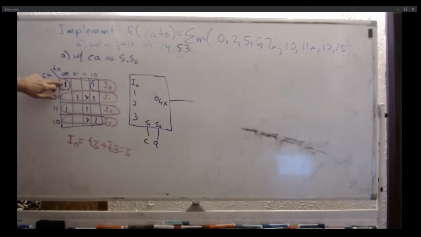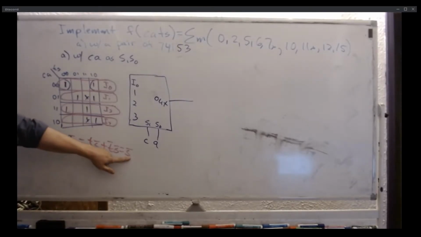So this one is represented by T naught S naught. This one over here is represented by T S naught, which is right here. OR them together, what do you get?